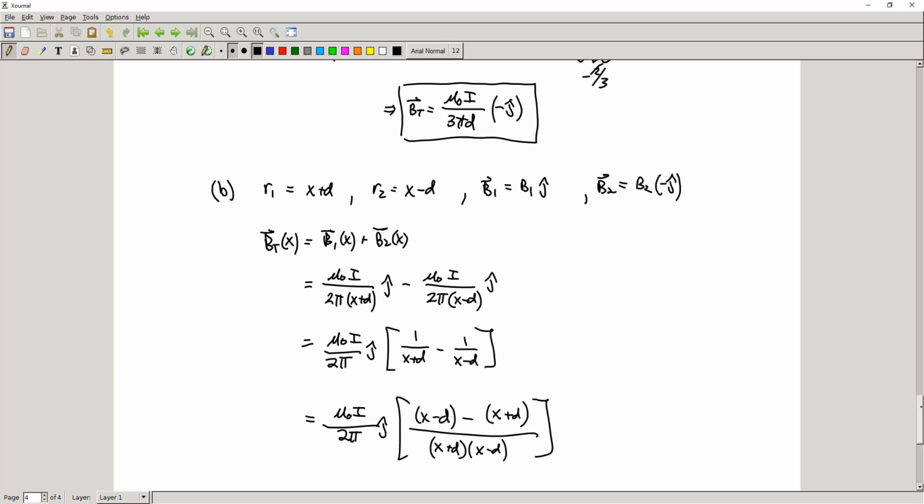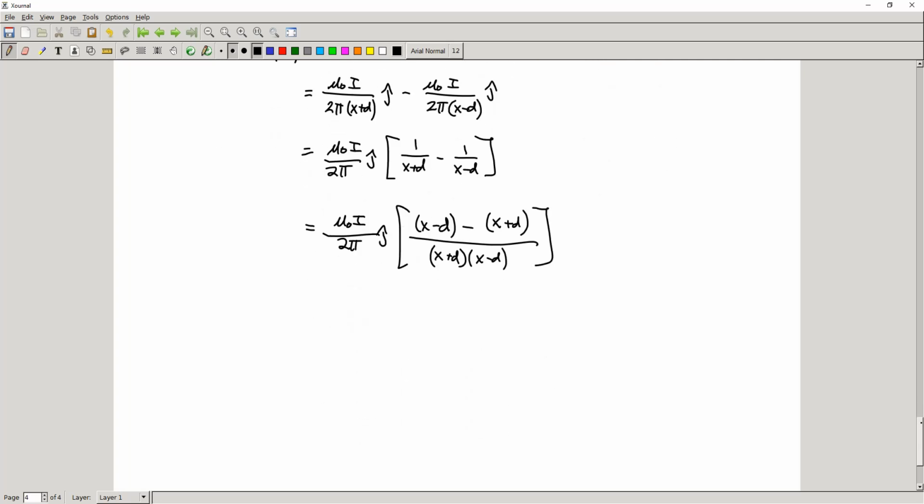Okay, and this is going to clean it up a little bit. So these x's are going to go away, and we're going to have minus 2d on top, so we're going to have mu naught I over 2 pi j hat, minus 2d on top, and in the bottom we'll have x squared, cross terms go away, minus d squared.